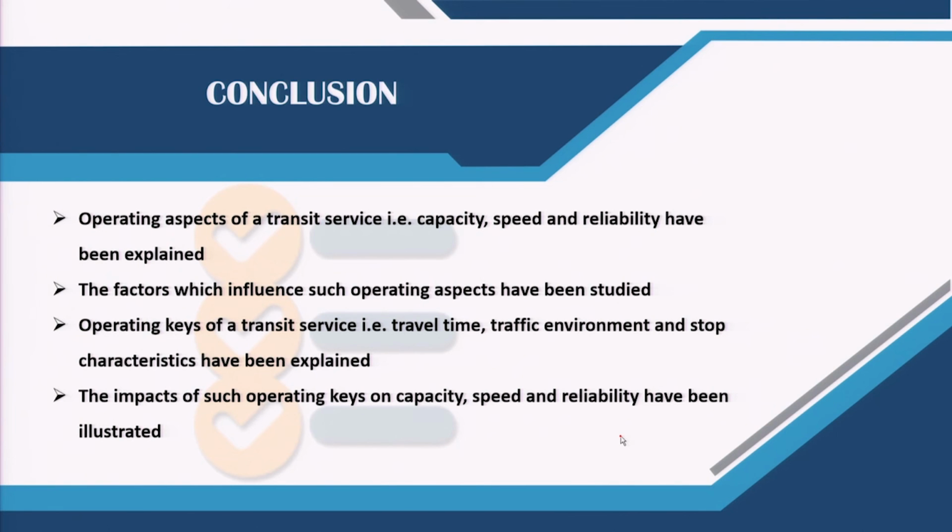Reliability is something that you have to keep in mind, both from the user's point of view as well as from the operator's point of view. When you are talking about capacity, you have to look at person capacity, vehicle capacity as well as station capacity. Once you are aware of all of these elements, you have to consider the different factors that impact these aspects of transit service.